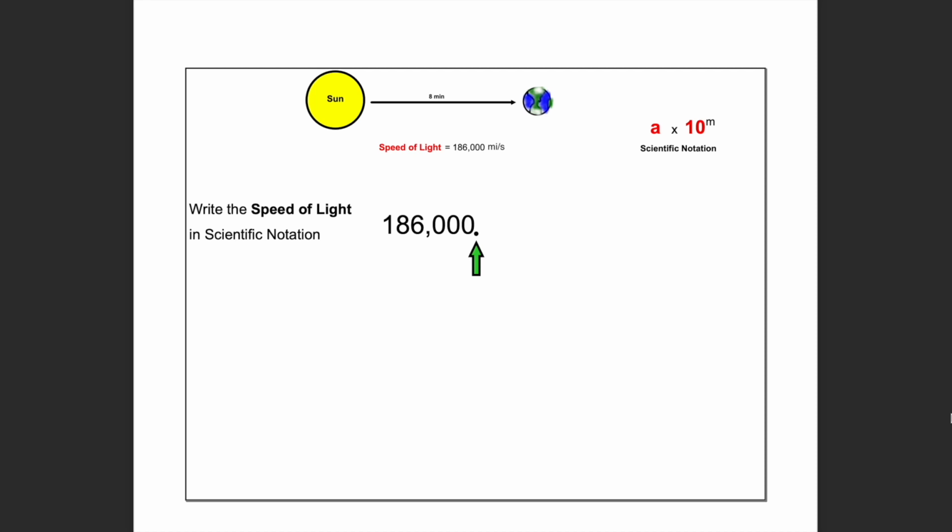So we move this decimal point 1, 2, 3, 4, 5. So we've got 1.86, which is between 1 and 10. It's 1.86 times 10, and we moved it 5 times, so it's 10 to the 5th. So 1.86 times 10 to the 5th will give us 186,000.